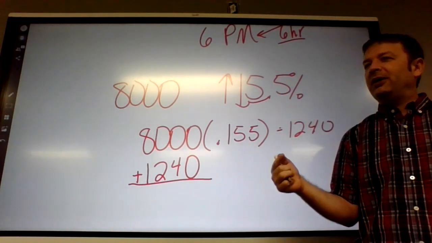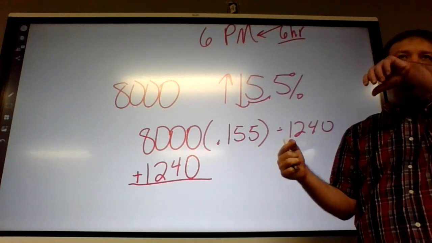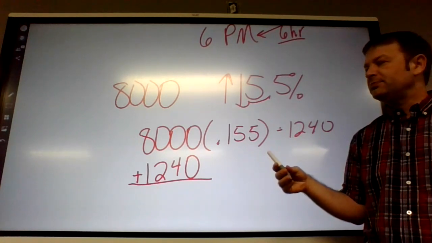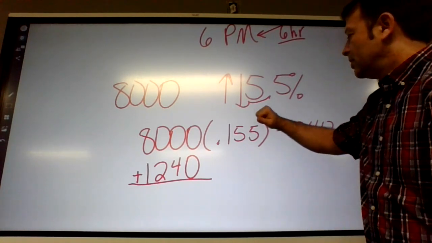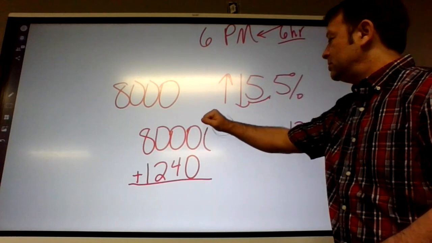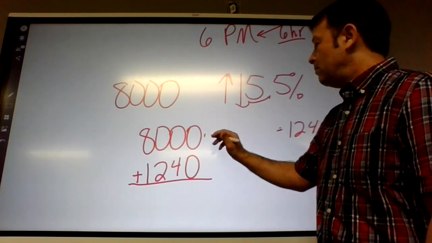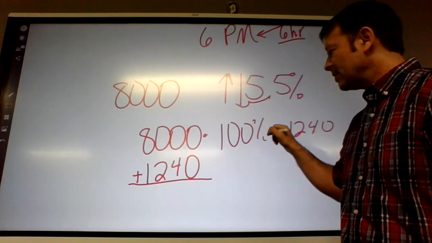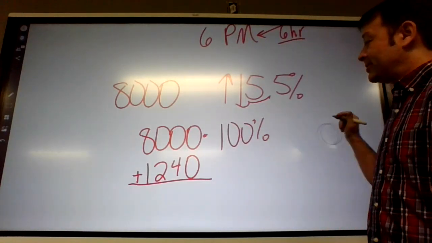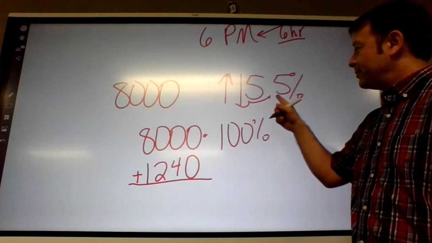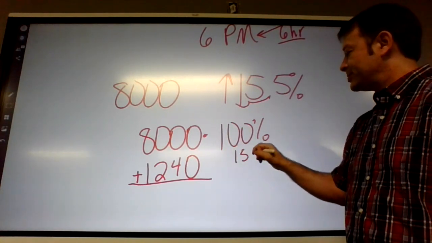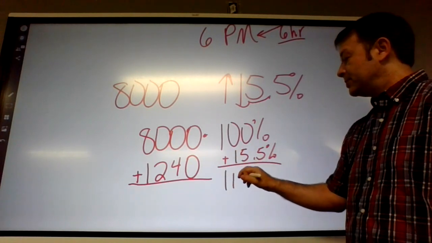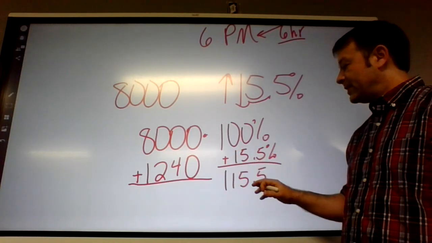There is another way we learned to do it last week. Do you guys remember the other way? If you're marking, it's always during this class, 100% of 8,000 is 8,000. If you're marking it up 15.5%, that's like you're increasing it to 115.5%.